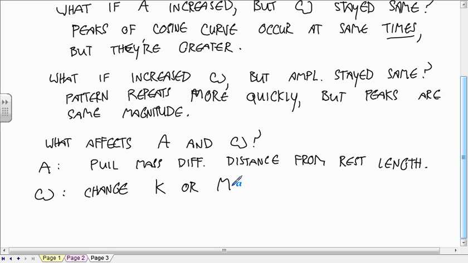If without changing the mass, you increase the stiffness of the spring, then that spring is stronger and it's easier for it to pull that same mass, accelerate it this way, accelerate it that way. And so increasing the spring constant increases omega, increasing the mass decreases omega. Okay.